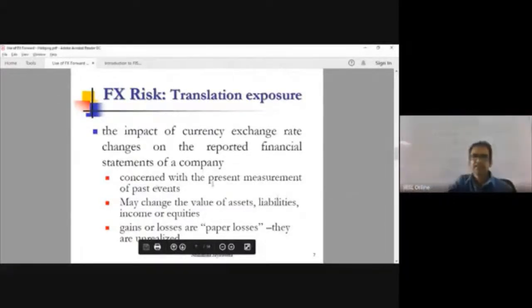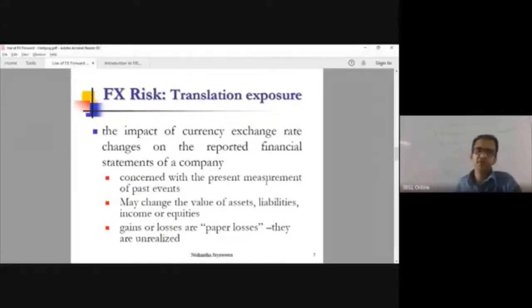So that's why it says it is concerned with the present measurement of past events. The borrowing happened in June 2019, but still we record it. How to measure it today in terms of rupees. So that may change the value of assets, liabilities, or it may be income, or maybe your equity.